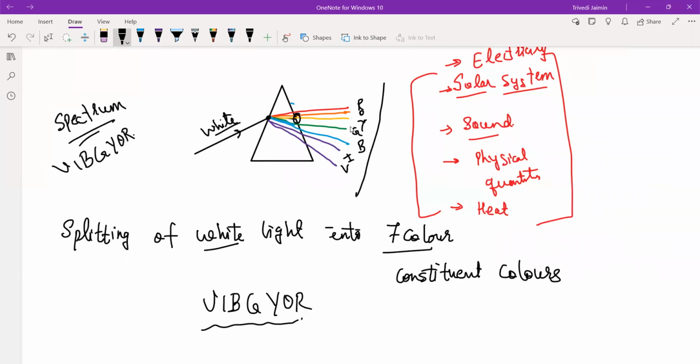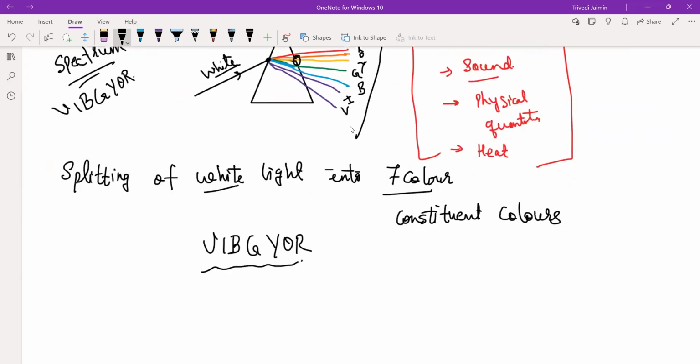In a rainbow, raindrops act as a prism, and the sun acts like the bright white light.